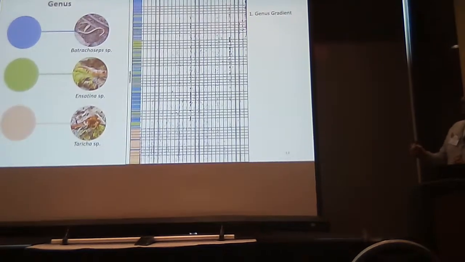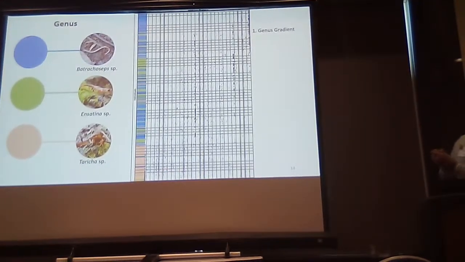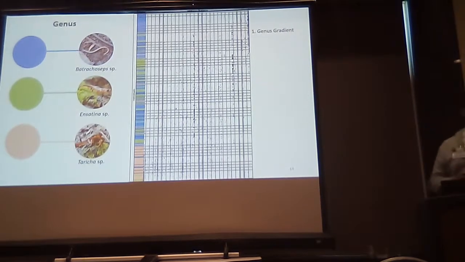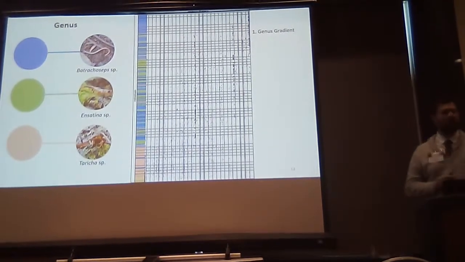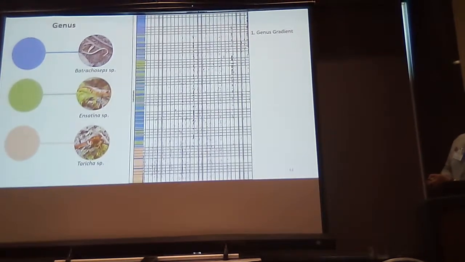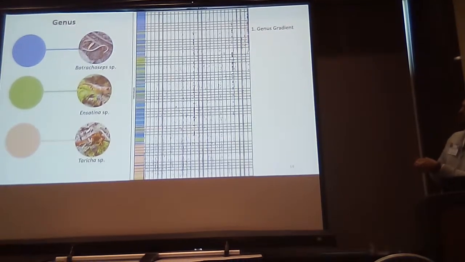Okay, so here's the entire plot. What I've done here is I've colored the rows based on the host genus that we sampled, and there are basically three main take-home messages that I want you to take. One is that if you look at the coloration, we seem to have a genus gradient, right? Down here we have Taricha, the newts.